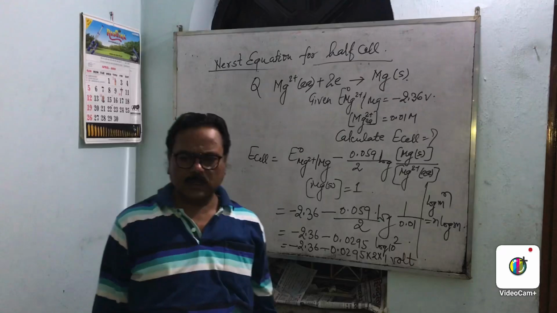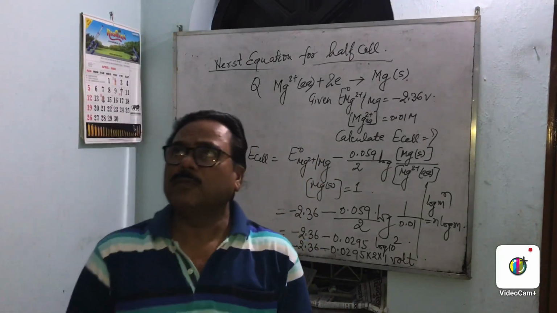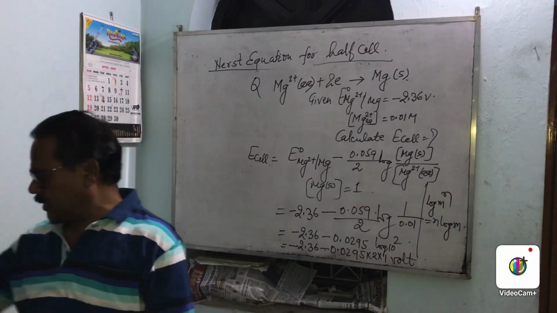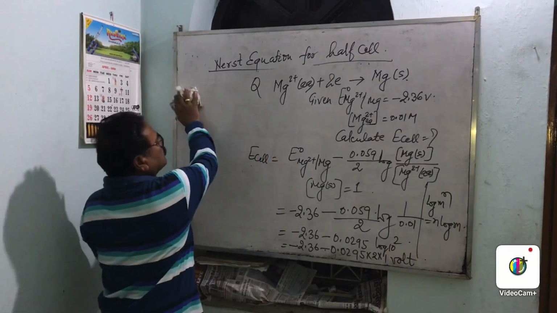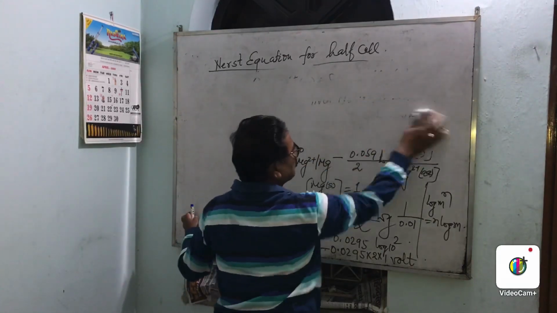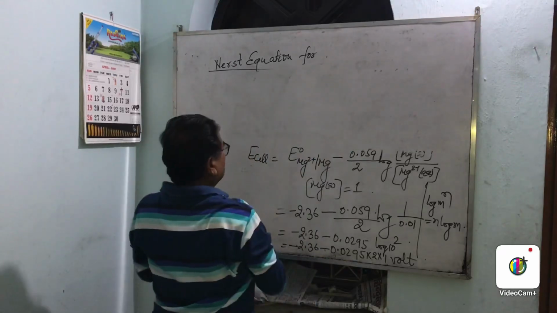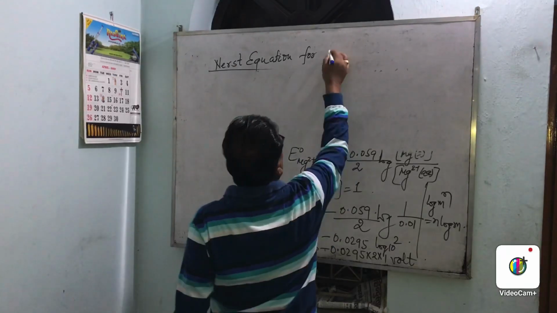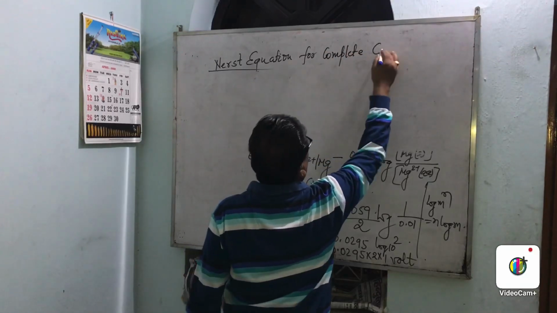Now, if we apply the Nernst equation in the case of a complete cell, we take this example also, another example for a complete cell.